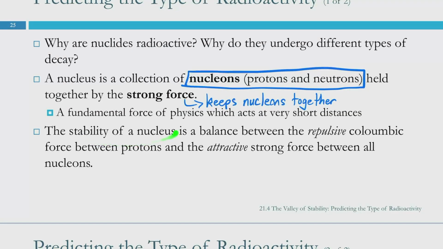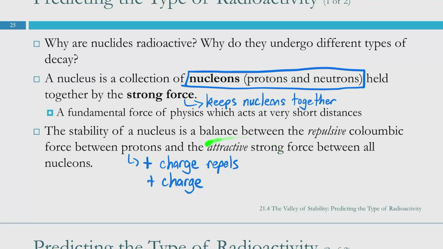So the stability, whether the nucleus stays together, is a balance between the repulsive Coulombic force between protons. The positive charge repels positive charge. Right, so the protons are repelled by each other.